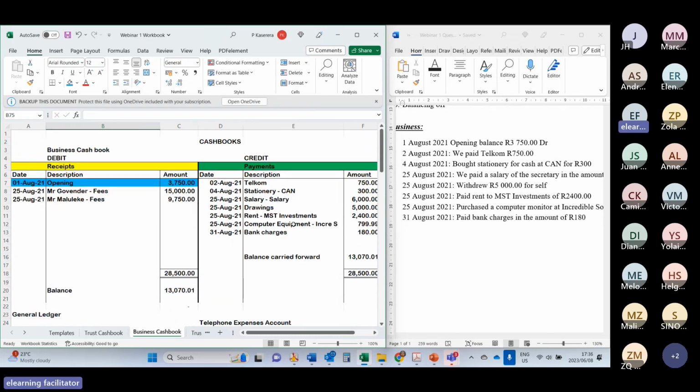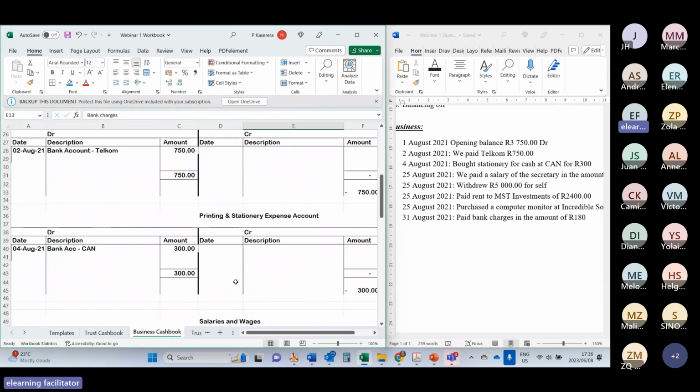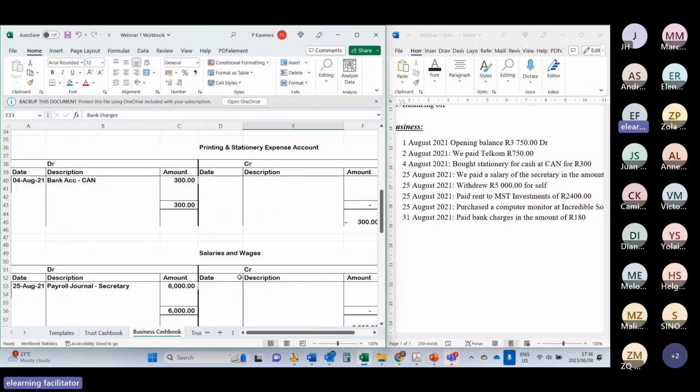So this is how we post into our ledgers. The easiest way is for you when you post in your cash book, and then after posting your cash book, you also come and post in your ledger. You create your ledger. If it is already there, then you add in a transaction. You do not have to create a ledger for each and every transaction, but transactions of similar nature are posted in one ledger.